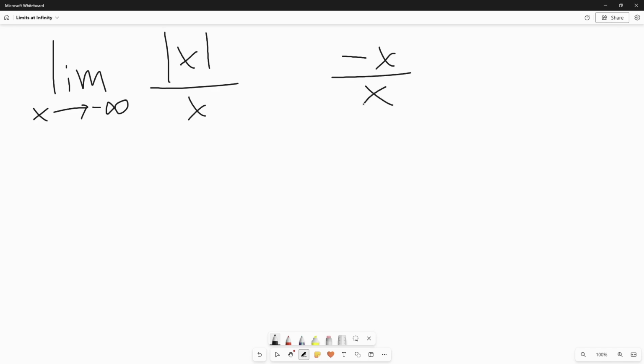So negative x over x, and then x over x, no matter what the x's are, is always going to equal 1. So this is just going to be equal to negative 1. So the limit as x approaches negative infinity of the absolute value of x over x is equal to negative 1.